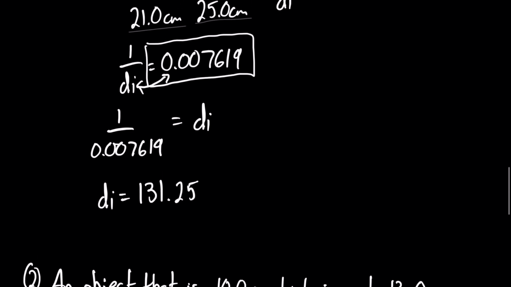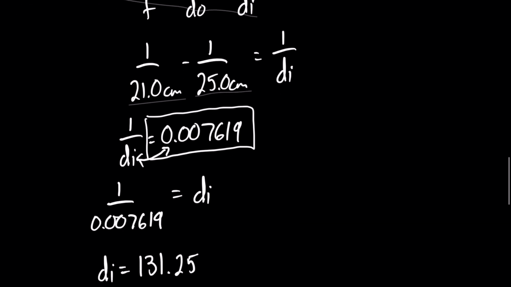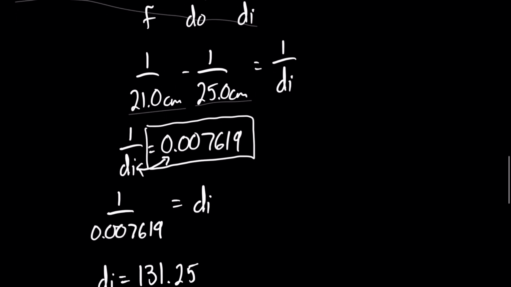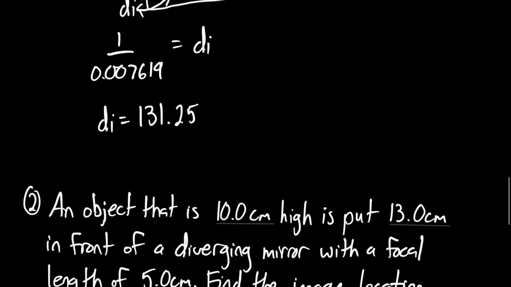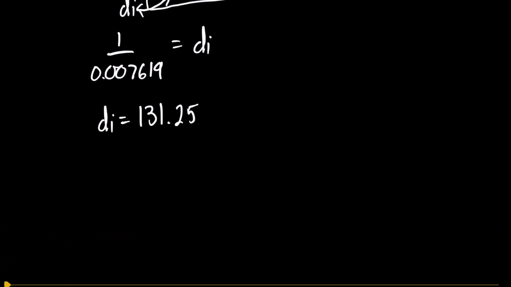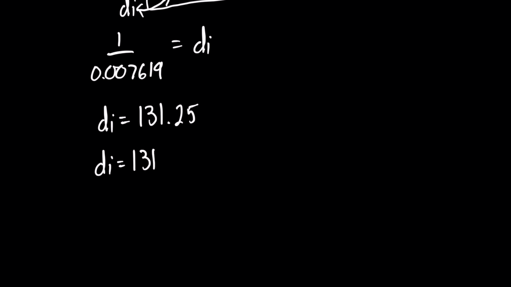131.25, and let's take a look at how many sig figs we need here. It looks like we used 3, so we'll round to 3. We'll end up with a DI of 131 centimeters.